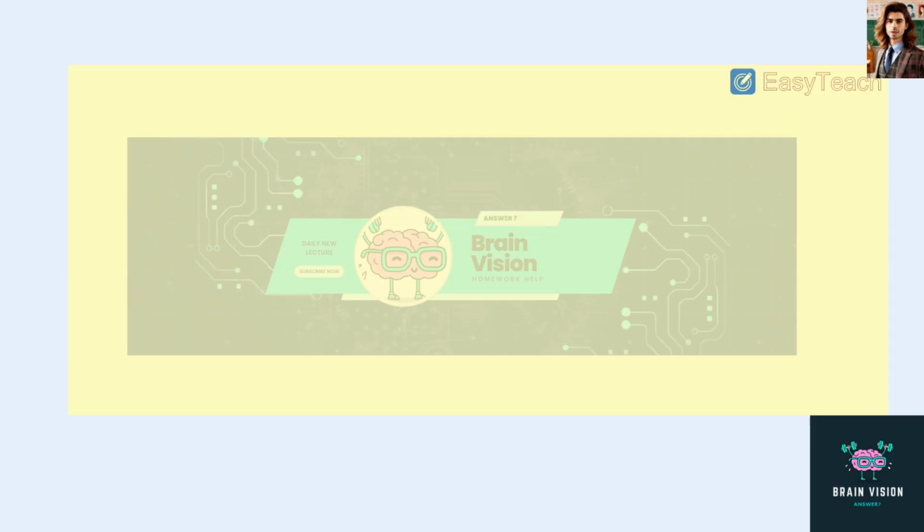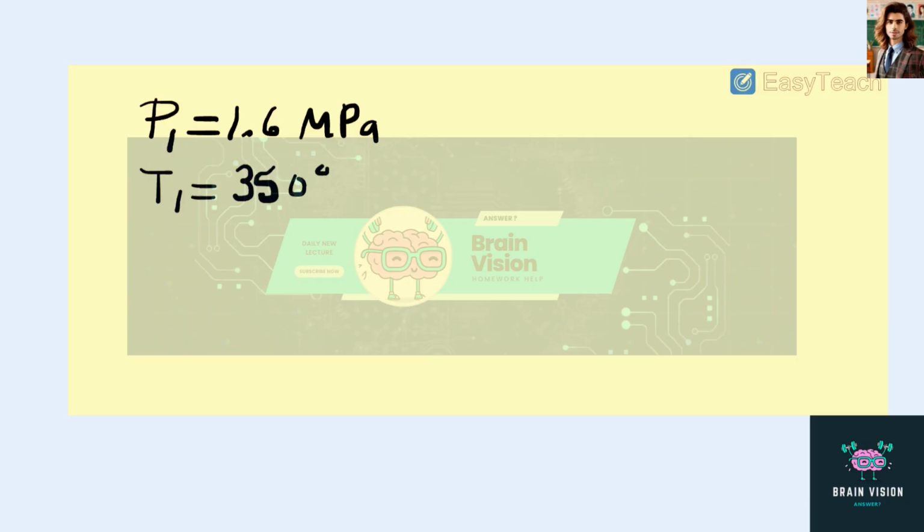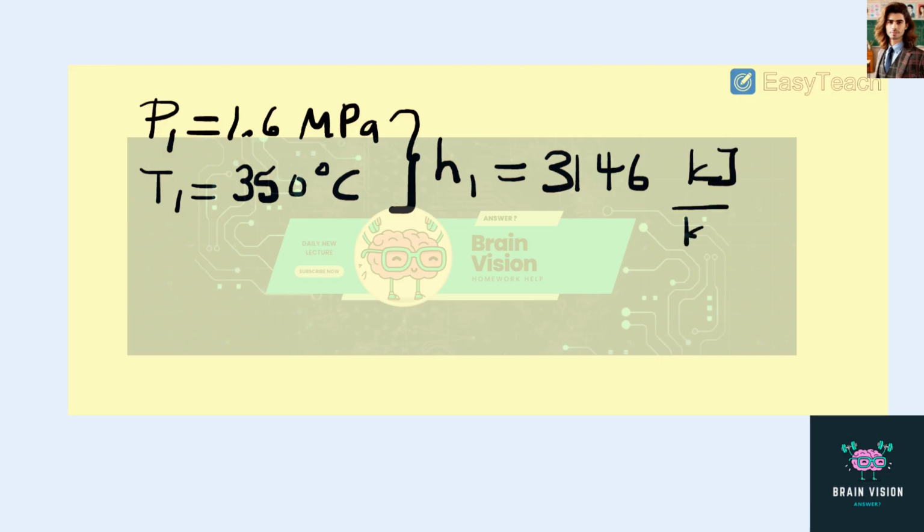So what we can do is go ahead and look at our steam tables, and we'll see that for state 1, which has a pressure equal to 1.6 megapascals and a temperature equal to 350 degrees C, our incoming enthalpy will be equal to 3,146 kilojoules per kilogram.